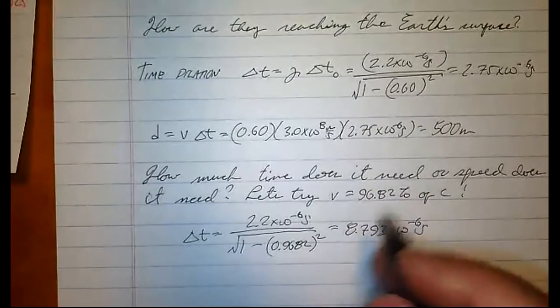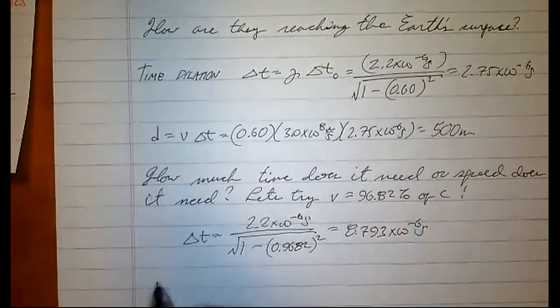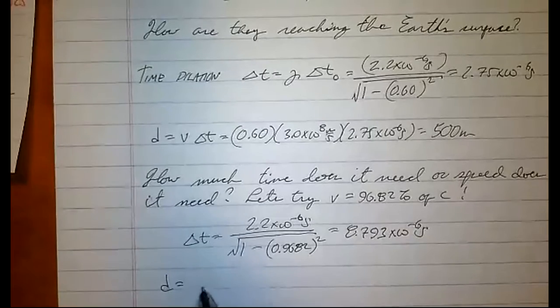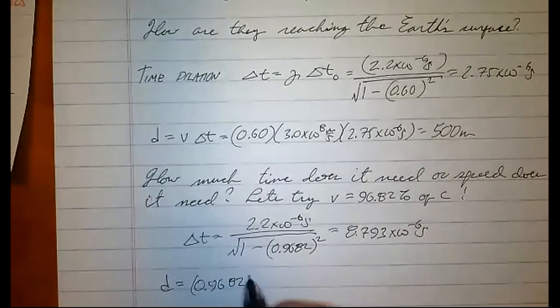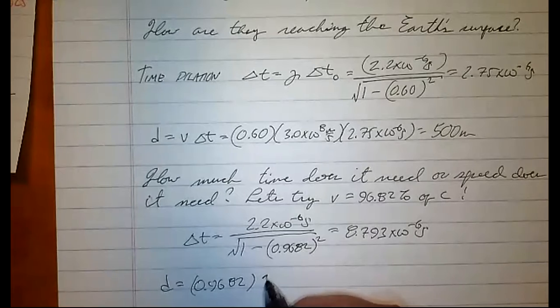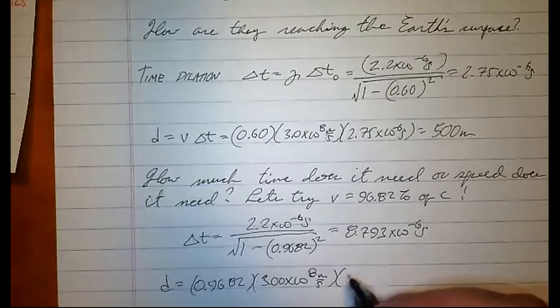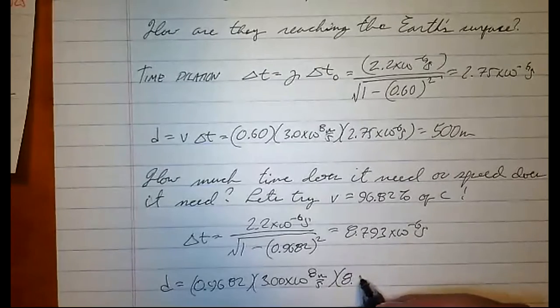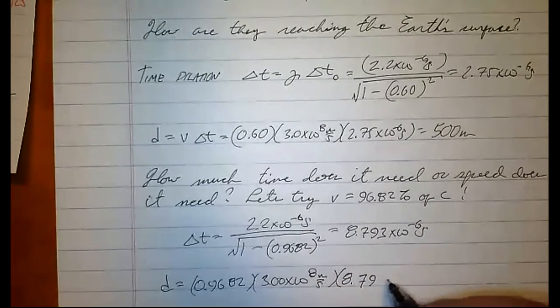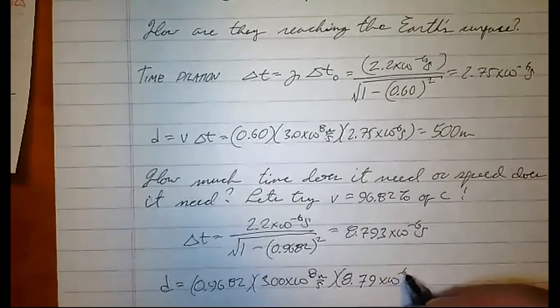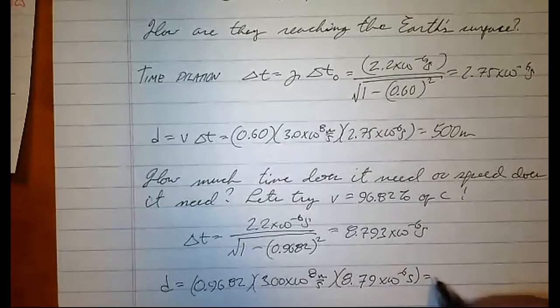Okay. Now, if we do that, then the distance would be 0.9682 times 3.00 times 10 to the 8th meters per second times 8.79 times 10 to the negative 6 seconds.